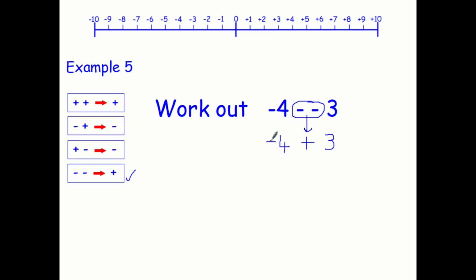Now, just because you've got a minus and a plus here does not mean that this rule applies, because they're not next door to each other, okay? This minus and this plus are not next door to each other, so it's just a case of reading from left to right now. Minus 4 plus 3 takes you to minus 1.